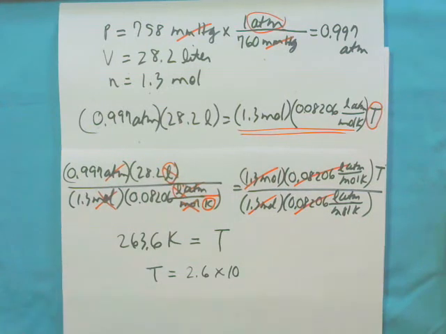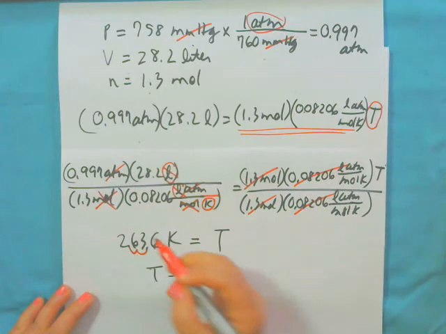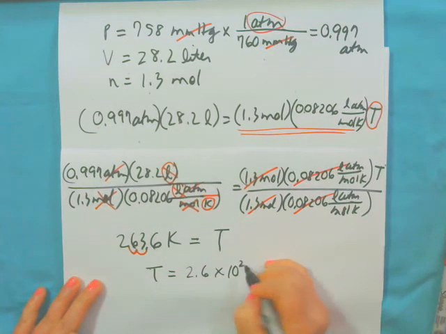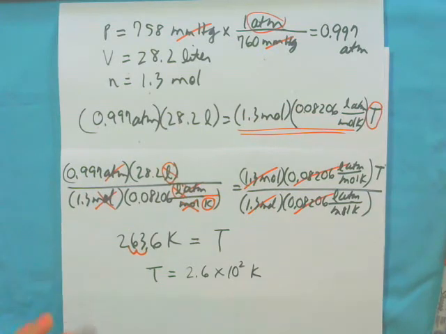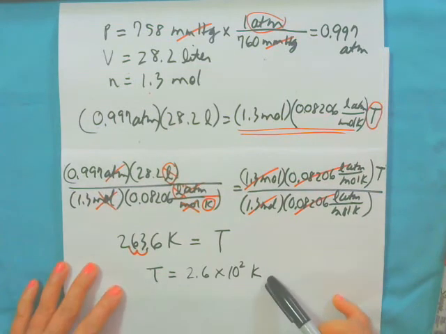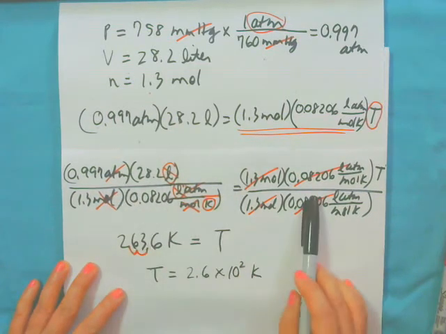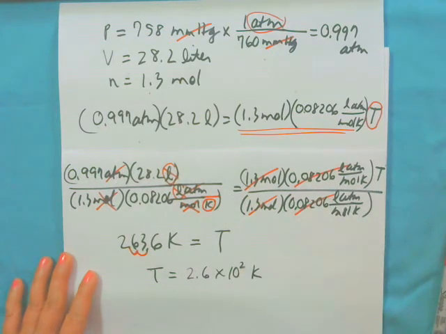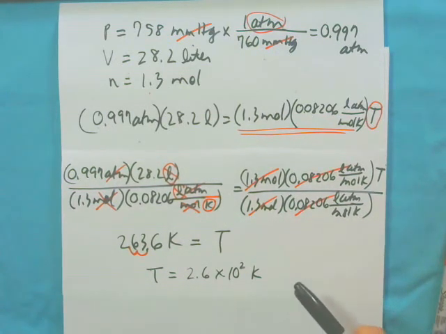So I'm just going to move my decimal point over and write in scientific notation: it's really 2.6 times 10 to the second Kelvin for my temperature. And there you are. That's the end of that word problem. This is a relatively straightforward word problem, except for keeping the units consistent, and the tiny bit of algebra is really pretty straightforward.